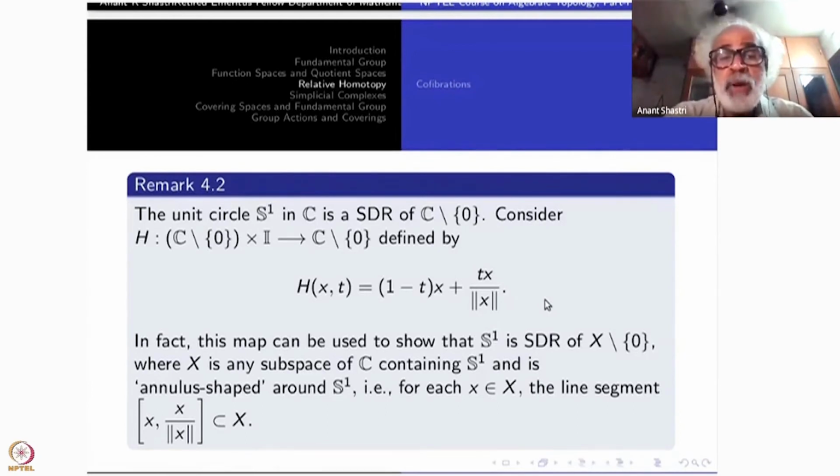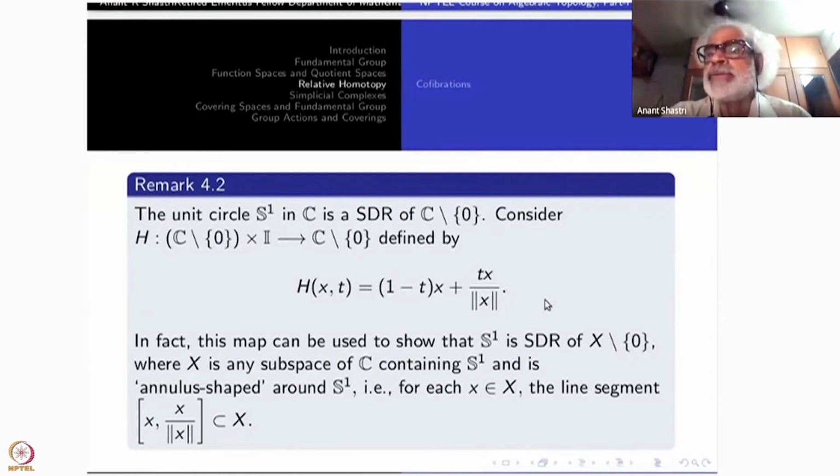Okay. Now the same argument will work even if you take not the whole of C minus 0, but some kind of annular regions and so on. Like you can take just all the vectors of length bigger than half and less than 3 by 2.